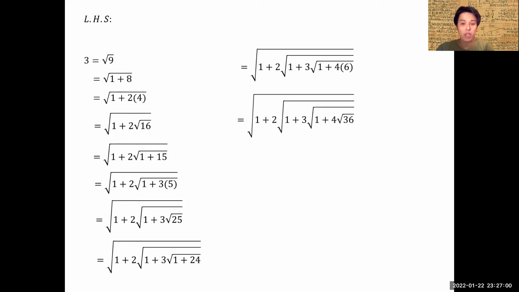But so far it's just a conjecture. How am I going to prove it? We see this pattern right now, but how am I going to justify it and find a general form algebraically? In the following slides, I'm going to show you what I did.